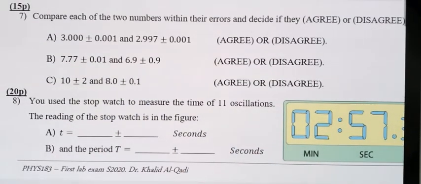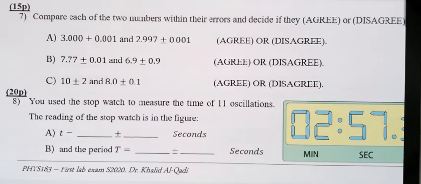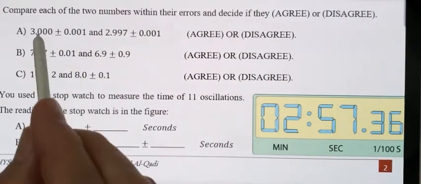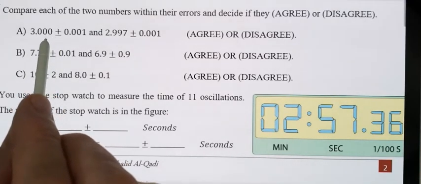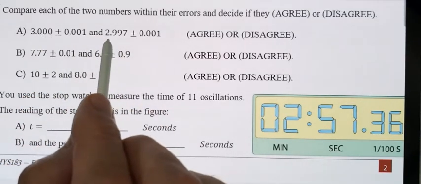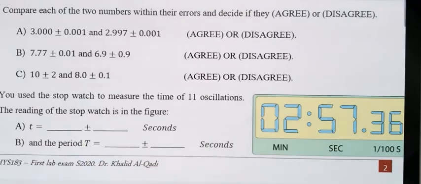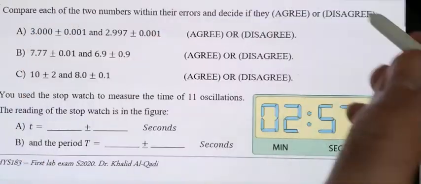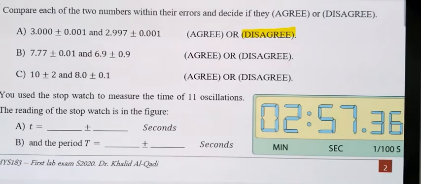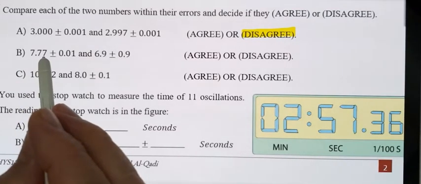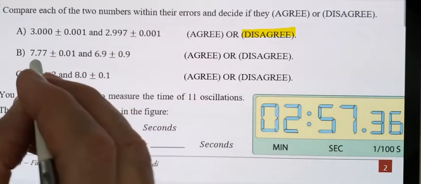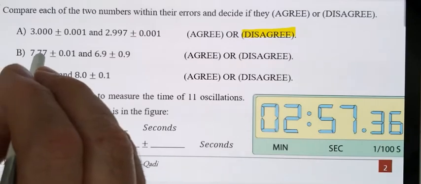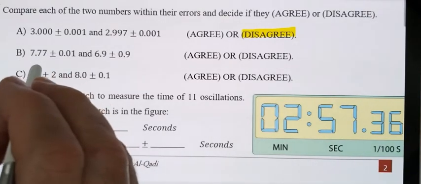Compare each two numbers within their error and decide agree or disagree. So this one, the truth lies between 2.999 and 3.001. For this one, the truth lies between 2.998, so they don't agree. They disagree. 7.77, 6.9. So this will say that the truth lies between 7.78 and 7.76.